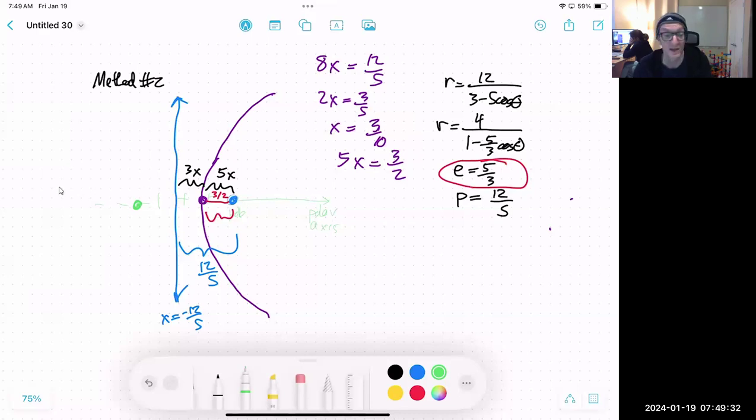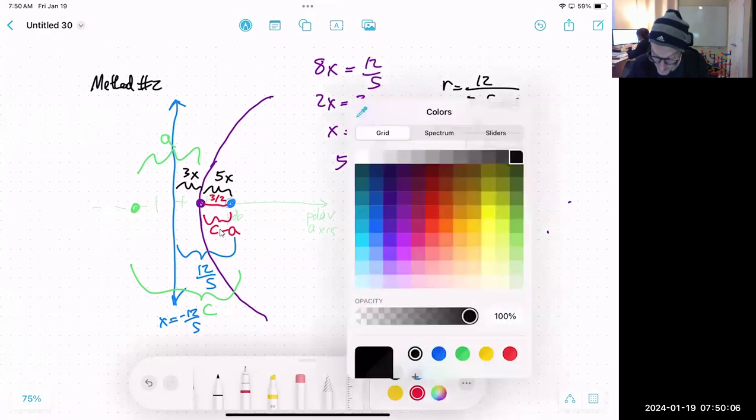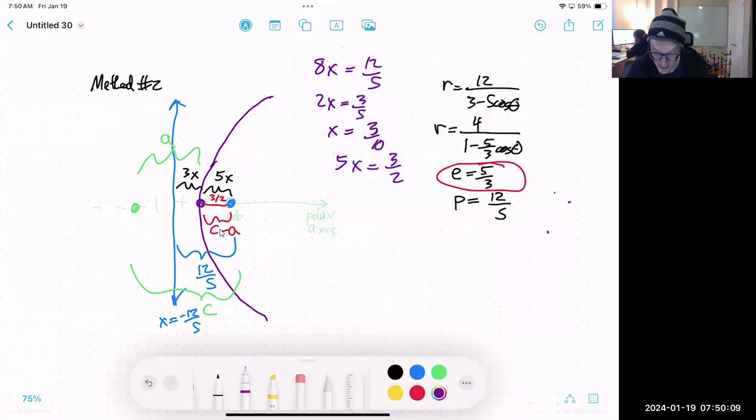If this right here is the vertex, and so this is A, and this whole thing is C, then this distance that I have just calculated, the distance from the vertex to the pole, I will naturally express as C minus A. All right, this seems like a whole lot of work, but once you've done this once, it takes like 2 minutes to quickly place that vertex in the correct spot and then realize that I now have everything I need. And I know that C minus A is 3/2.